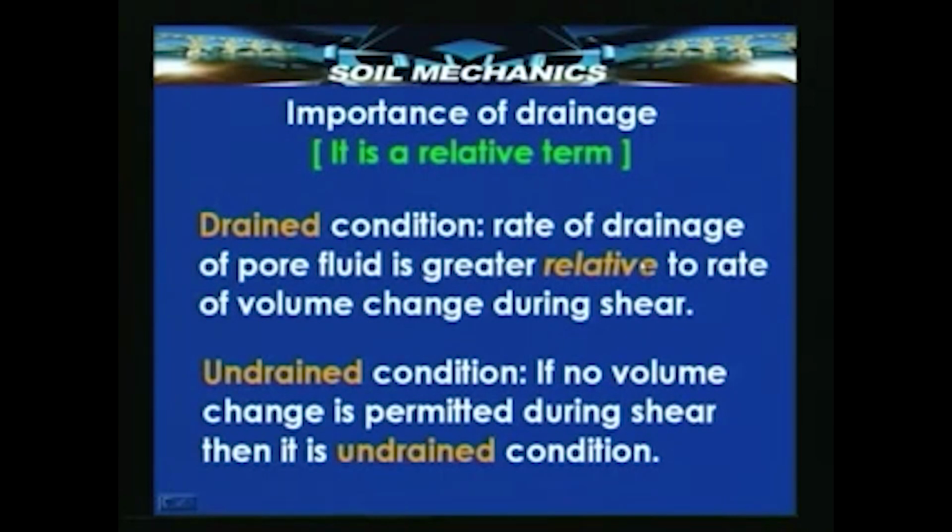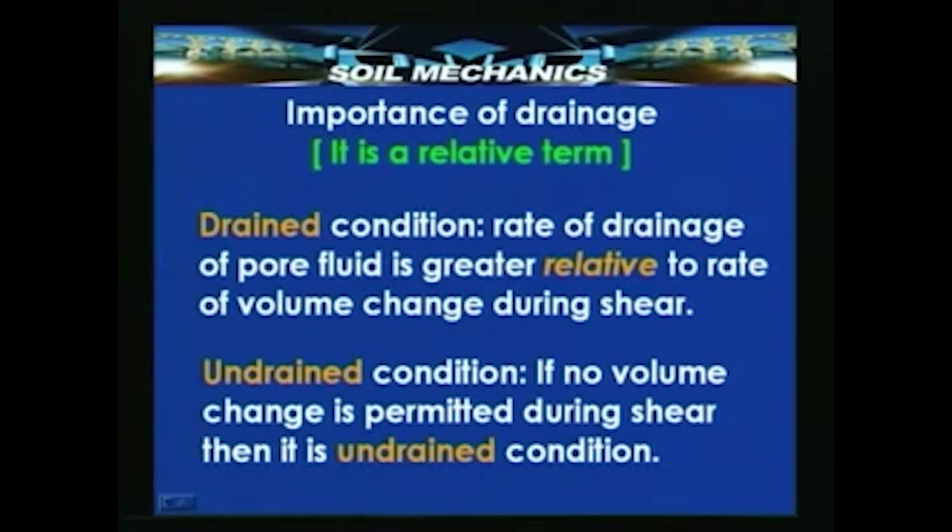When I say there is drainage provision during a test, what it means is that the rate of shearing is such that water has enough time to flow out of the soil.